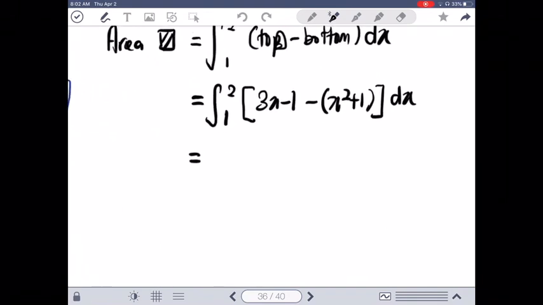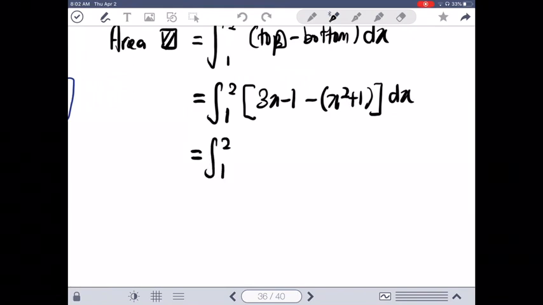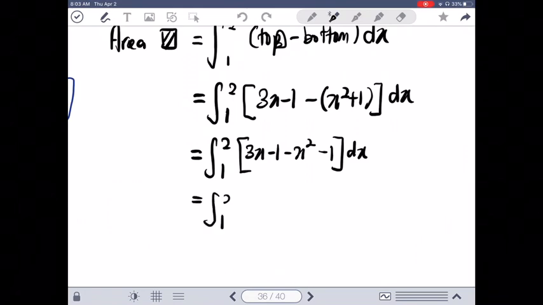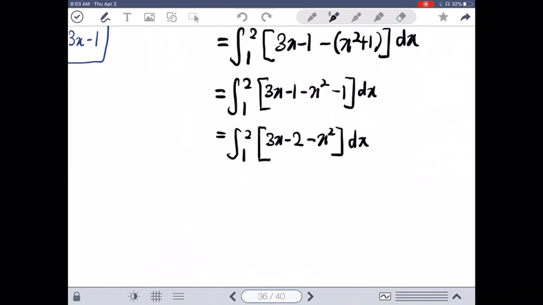with respect to x. So you just simplify whatever is in the bracket. We have 3x minus 1 minus x squared minus 1 with respect to x. So it becomes 3x minus 2 minus x squared with respect to x.